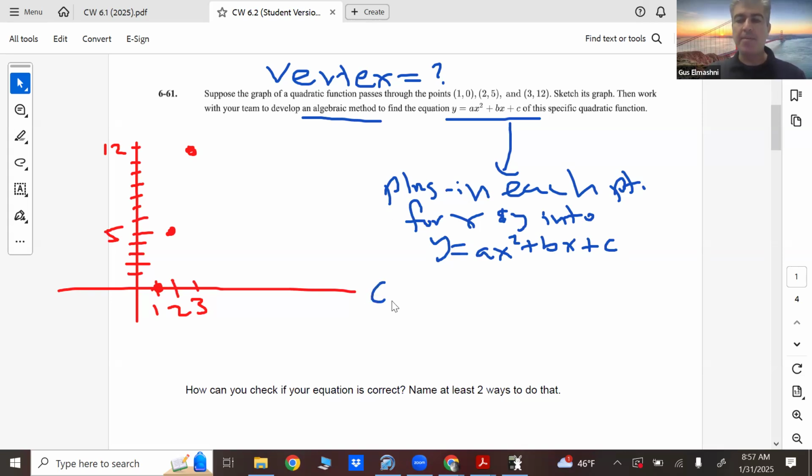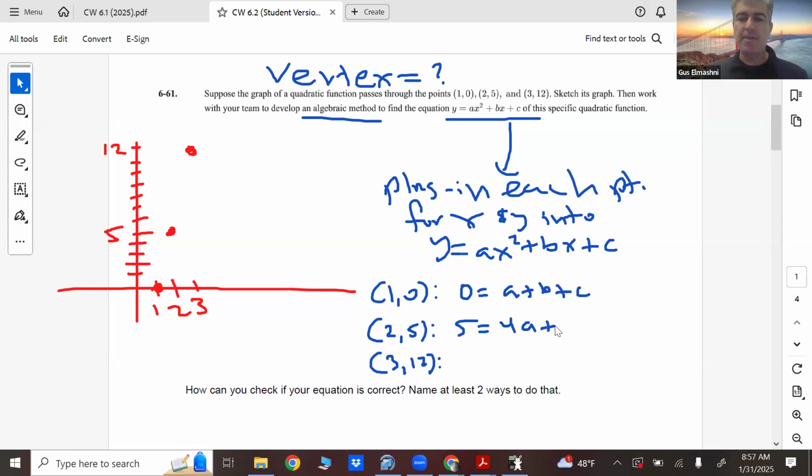Let's plug in 1 comma 0, let's plug in 2 comma 5, and let's plug in 3 comma 12. So it should be pretty simple. 0 equals what? A times 1 squared plus b times 1. Actually, I'm just going to write the equations. I think you guys can make sense of it. I'm going to skip a couple steps, and then I'll discuss it, to make sure you understood what I did.